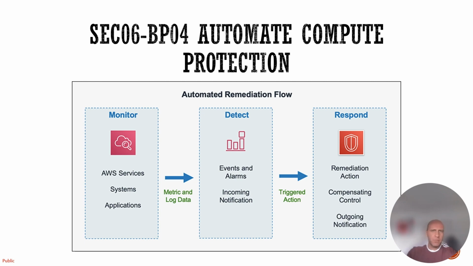So to automate your protective compute mechanisms, including vulnerability management, reduction in attack surface, and management of resources, the automation will help you invest time in securing other aspects of your workload and reduce the risk of human error.